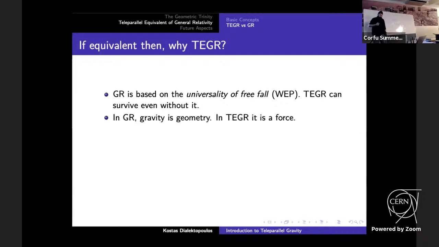Also, GR is, as we know, geometry. On the contrary, TGR, because it's a gauge theory, looks more like a force. As I showed you before, it looks like the Lorentz force, and this means that it could be integrated with the three other interactions in a better manner.